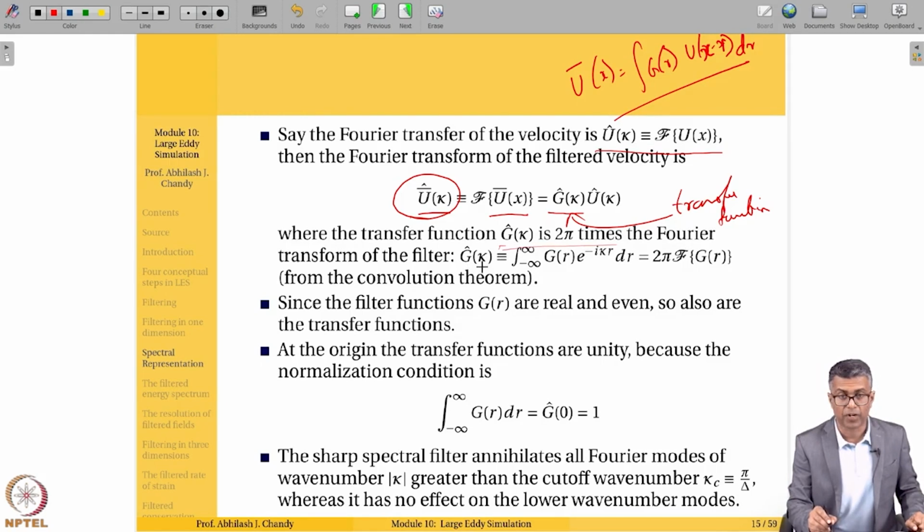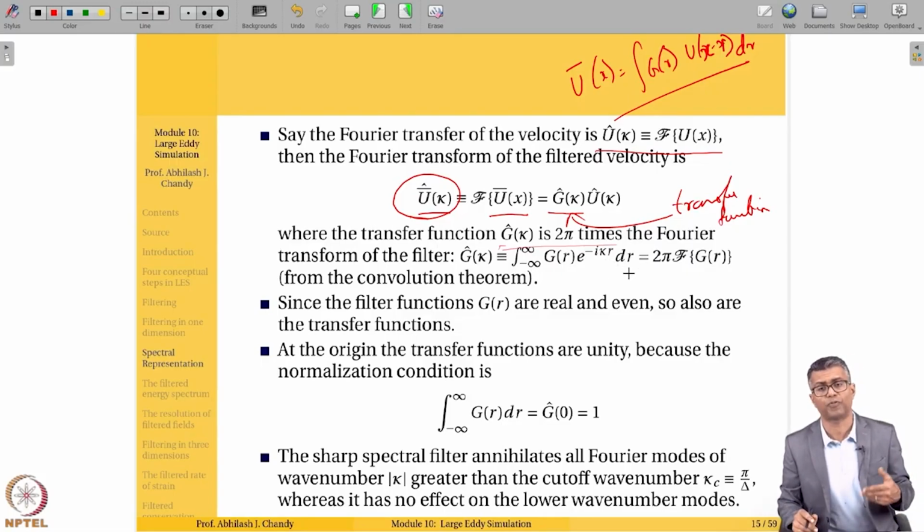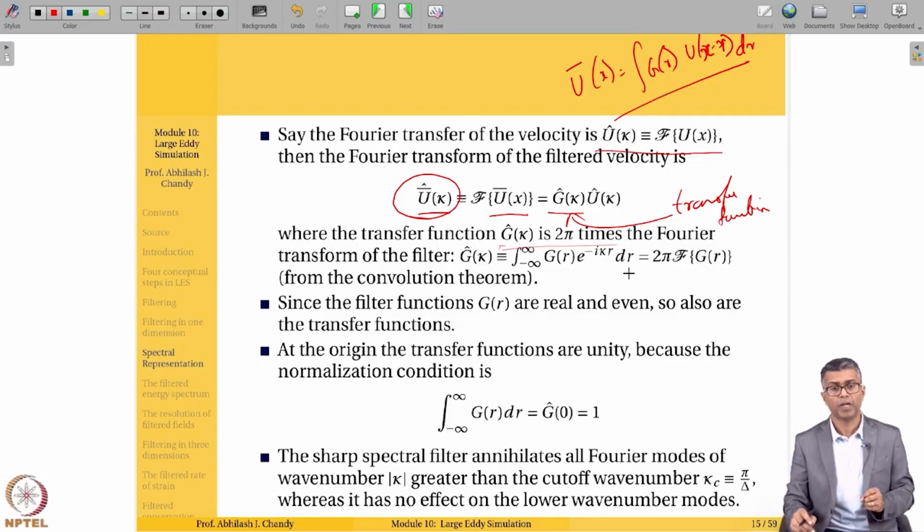So g hat of kappa is the integral from minus infinity to infinity of g of r e to the minus i kappa r dr. So that is 2 pi times the Fourier transform of g of r. So essentially the transfer function is the Fourier transform of the filter function.